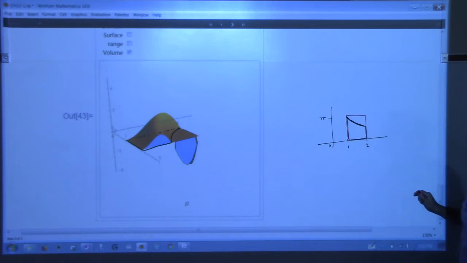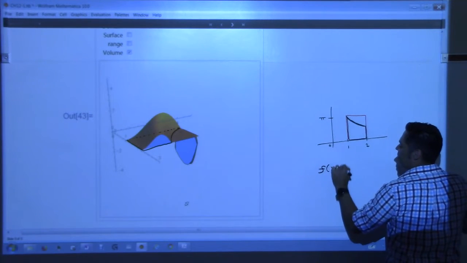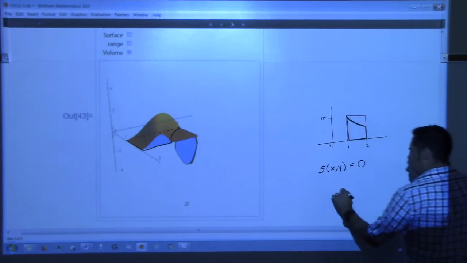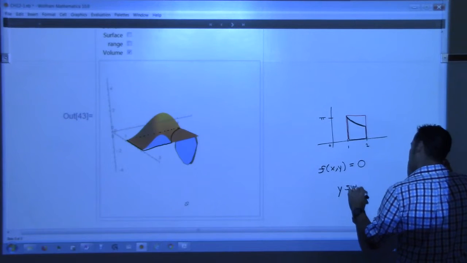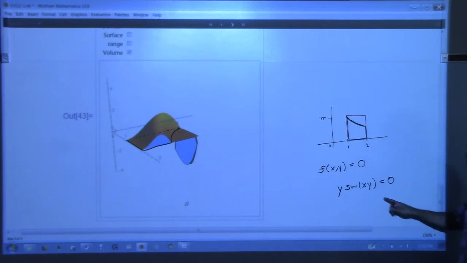What is that? It's a quarter of a circle. Well, is it a circle? Isn't that where the original surface is 0? Yes. Okay, so what was the original surface? y sine of xy. I would have to solve this equation of two variables.